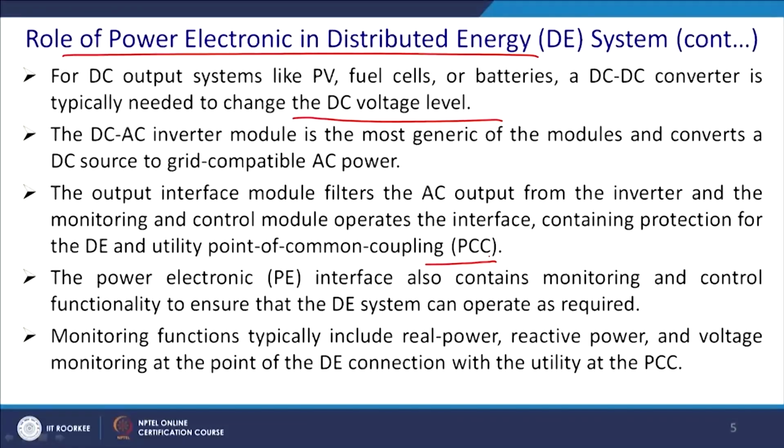The power electronics interface also contains monitoring and control functionality to ensure that the DE system can operate as required. So, monitoring functions typically include real power, that is PQ control, reactive power, and voltage monitoring at the point of DE connection with the utility at the PCC.